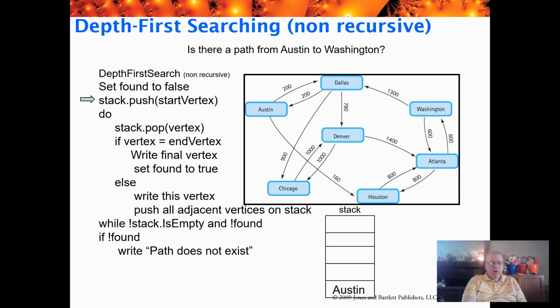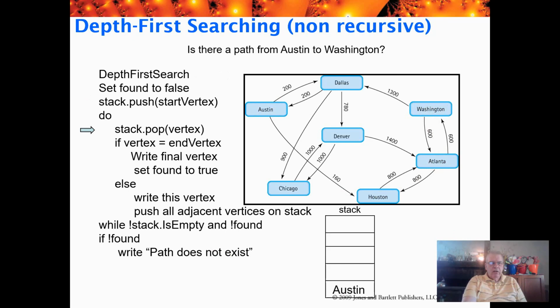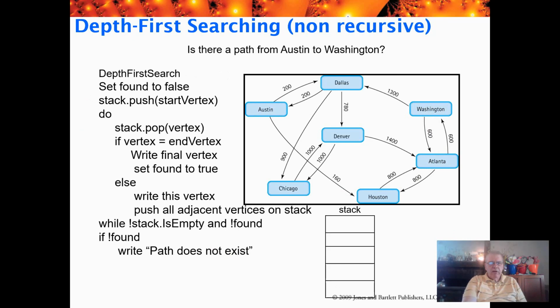Using the stack, we push and then we pop Austin. Is Austin the end? No, so we write it. And we push all adjacent vertices on the stack. So Dallas and Houston get pushed on the stack.